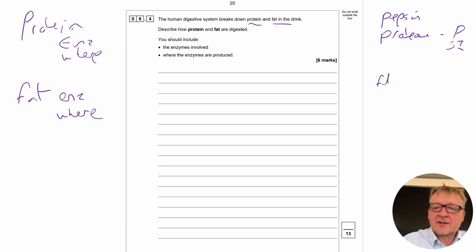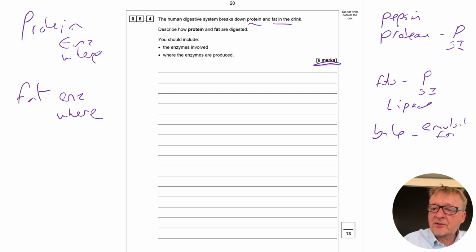For fats, we've got pancreas and small intestine produce lipase, but we've also got bile, which is where the extra marks come into it. And what bile does, it emulsifies fats to increase the surface area. What I normally do is do it in the top right hand corner of my page. Right, so we split it up now and we've got all our answers that we need.